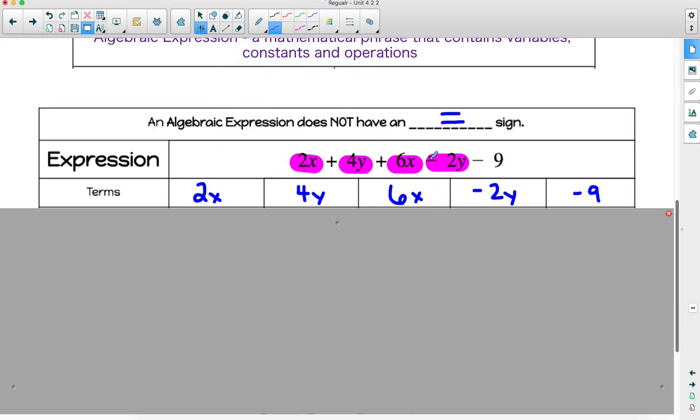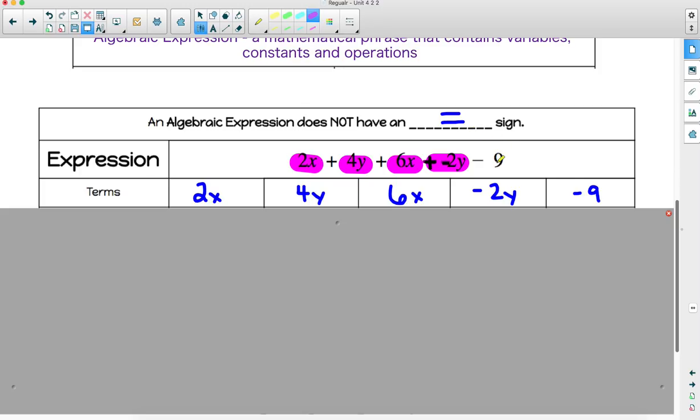So I could turn this into adding negative 2y, and we're actually going to do that a lot in the couple days to come. So taking away 2y is saying the same thing as adding a negative 2y. That's how I got the negative 2y.